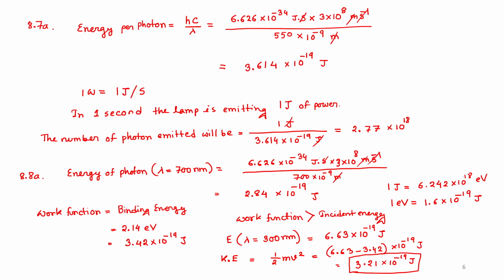Now we already know that the mass of electron is 9.3 into 10 to the power minus 31 kilograms. So the velocity: we got half mv square equal to 3.21 into 10 to the power minus 19 joules.